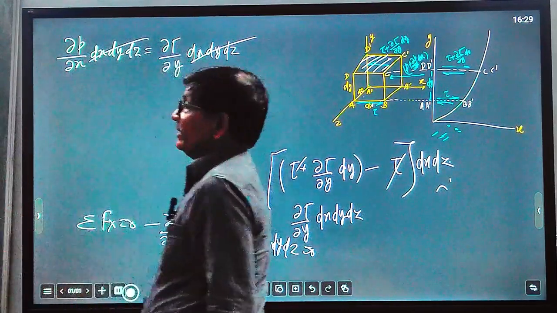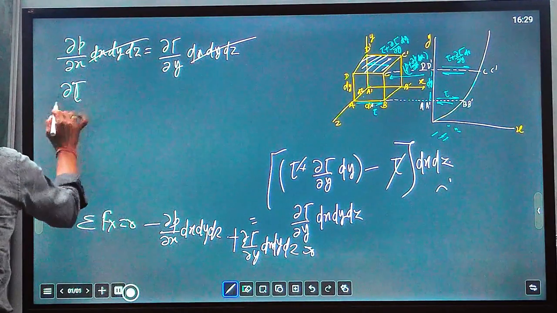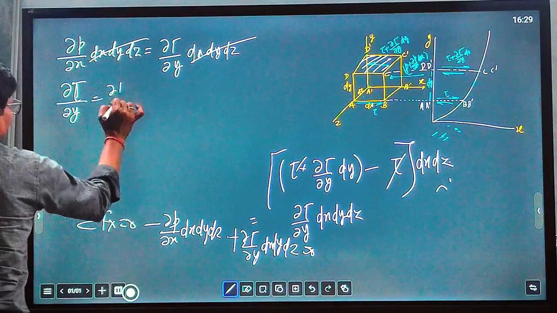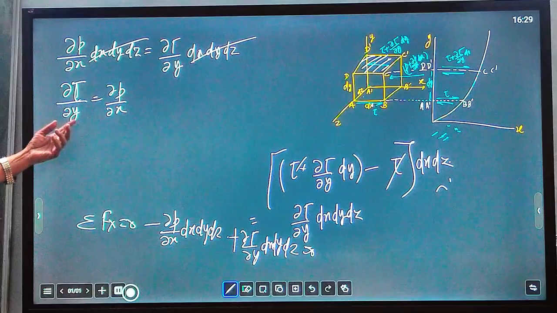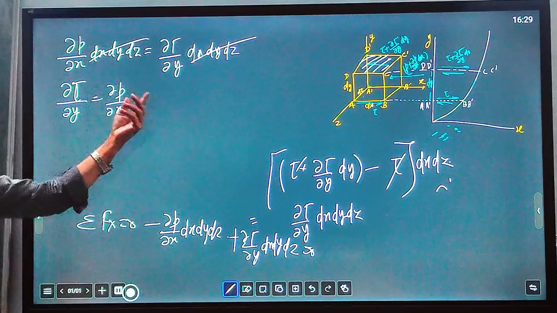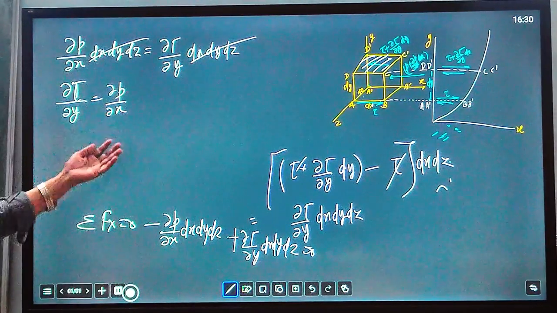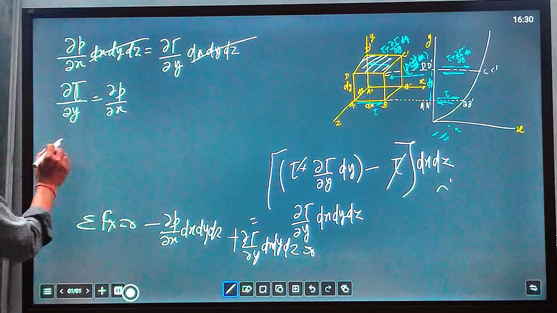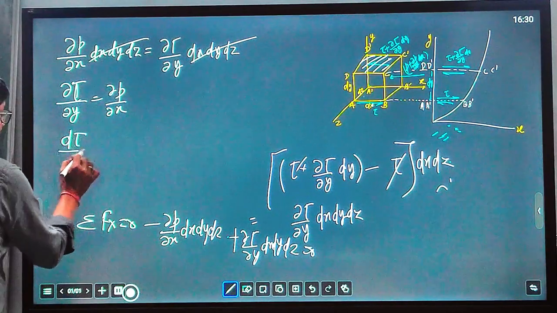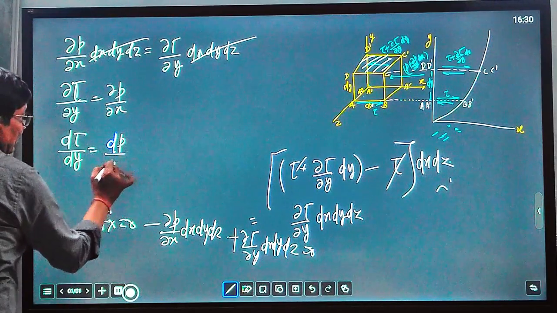Eliminating dx dy dz, we get del tau over del y equal to del P over del X, because these are independent variables. Tau depends upon y and pressure gradient depends upon X. Both are independent variables, so we can convert the partial derivative into an exact derivative. So we can write d tau over dy equal to dP over dx.